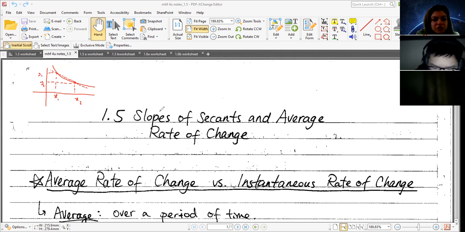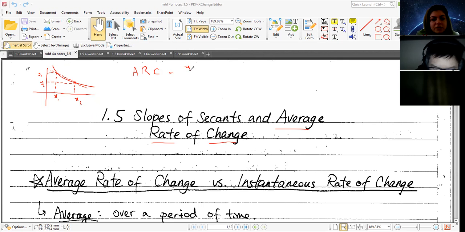Again, average rate of change: how fast your graph or your data moves from the first point to the second point. A is average, R is rate, and C is change, average rate of change, ARC, is a slope between 2 points.